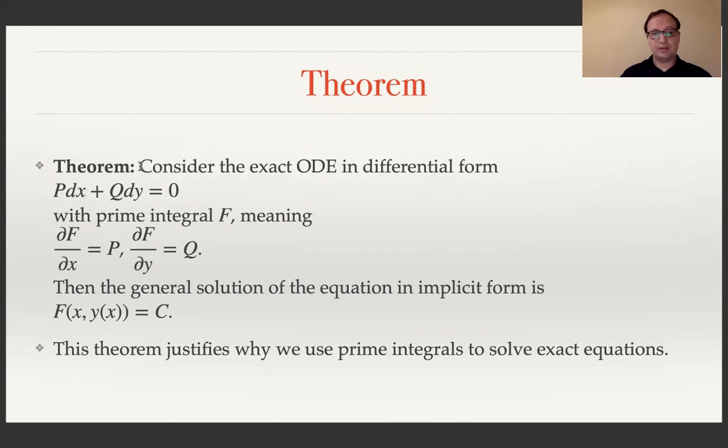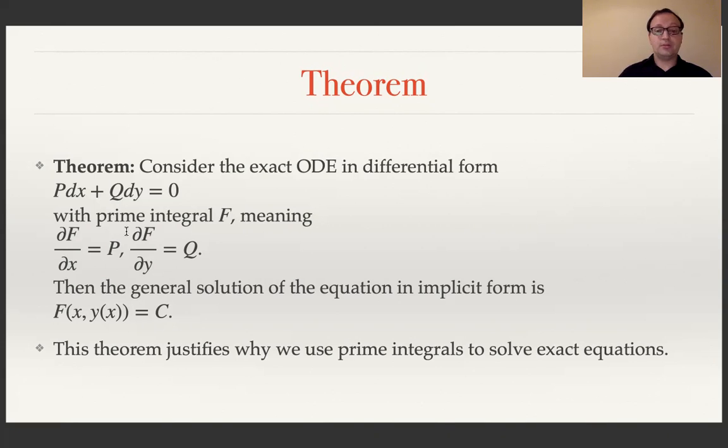The theorem says the following: consider the exact ordinary differential equation p dx plus q dy is equal to 0, where p and q are functions of x and y. And suppose that this has a prime integral capital F, meaning that partial f over partial x is p, and partial f over partial y is q.